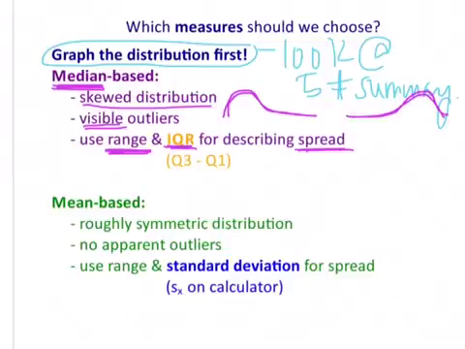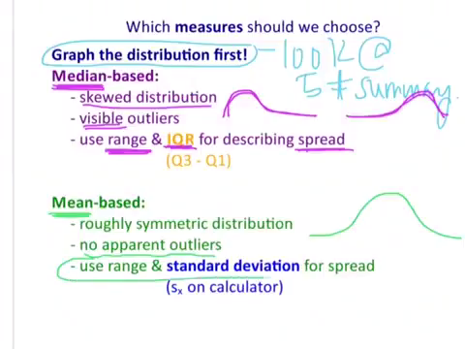If you have a roughly symmetric distribution, so if you have a distribution that looks like this, you want to use the mean. If you have no apparent outliers, you can use the mean. And we're going to talk a lot about this soon, but you want to use the standard deviation, or the SX on the calculator, for spread. Remember, the SX is just a couple below X bar, or the mean.